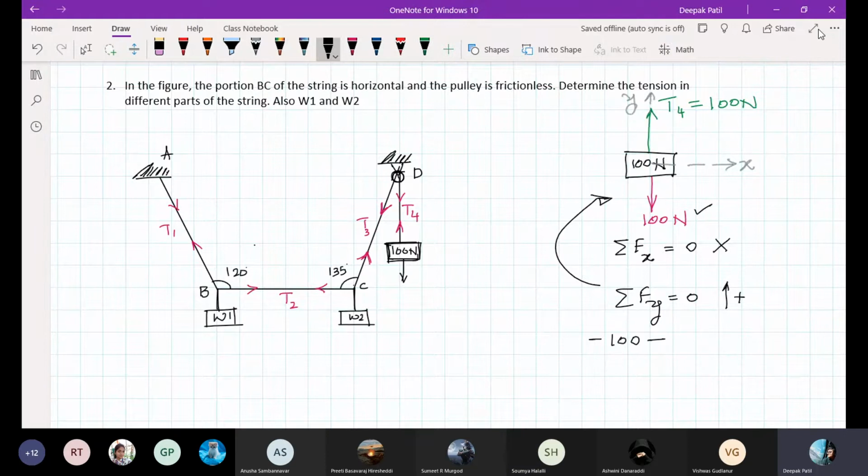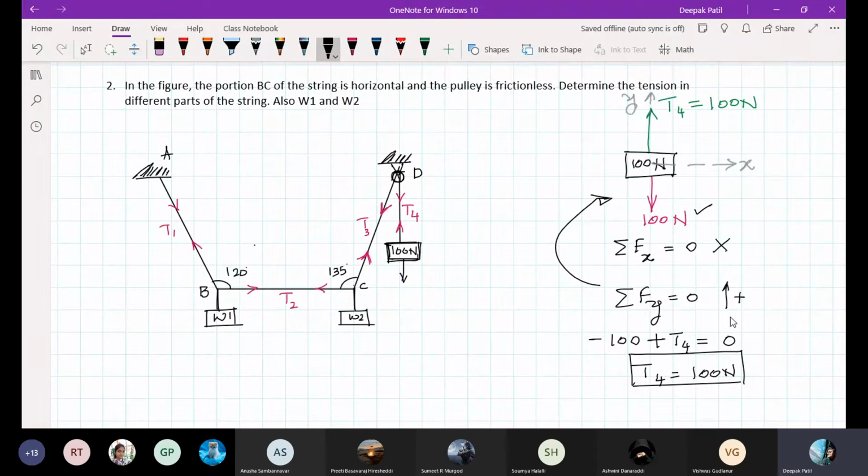Plus T4, because as per sign convention it is in the upward direction. Is there any other force apart from these two in the y direction? No. So I should equate it to 0, and from this I can see that T4 is also 100 newtons. Are you clear, students? Of course, from this diagram itself you can easily tell T4 is 100 newtons, but it has been proved like this.